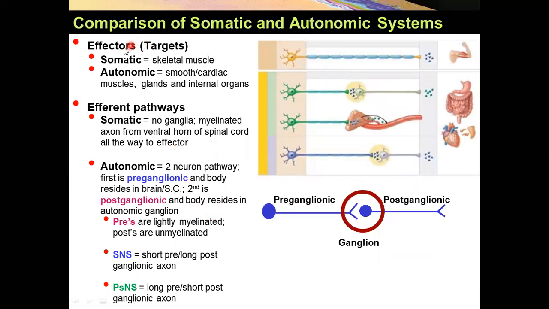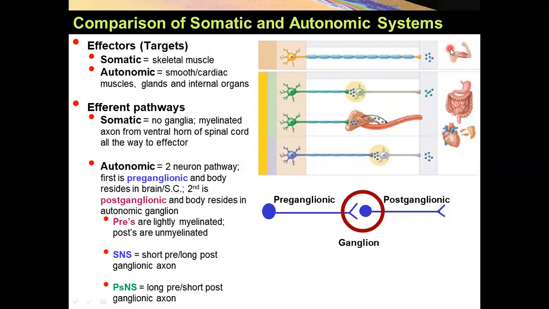Now, we have discussed the effectors of the somatics, and we know that the effectors of the somatic motor neurons are the skeletal muscles, or the striated muscles, or the body muscles.